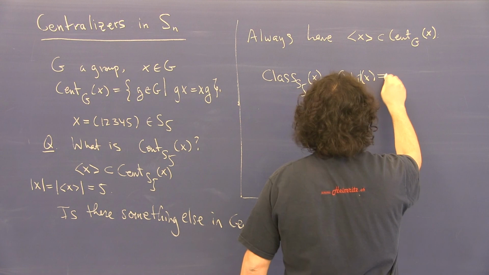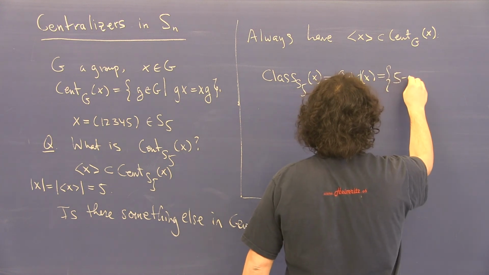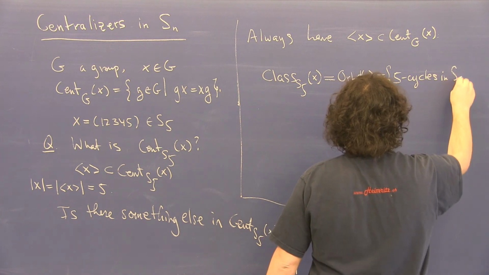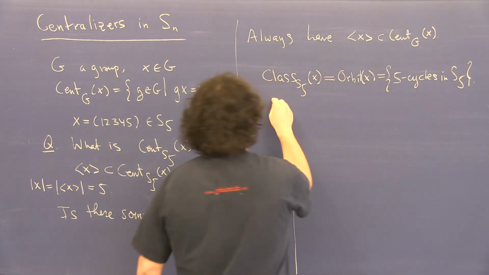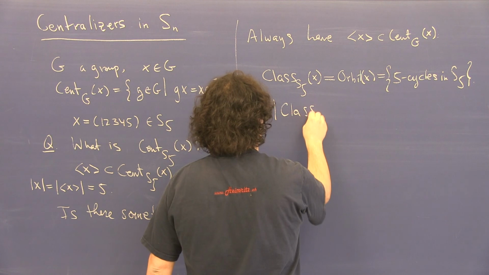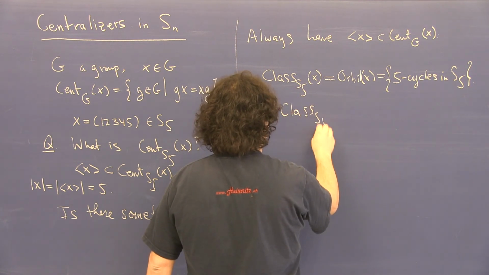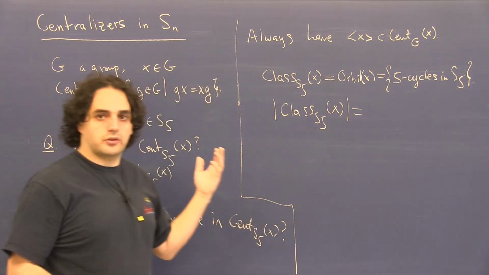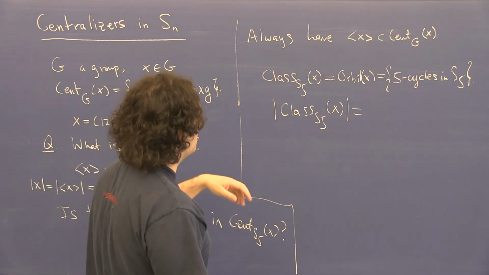This is nothing else than the set of 5 cycles in S5. And so, how many of them are there? We discussed last lecture in the case of S4 how to count this.